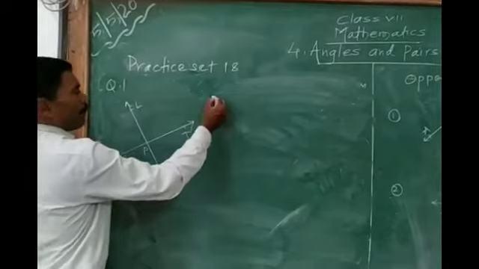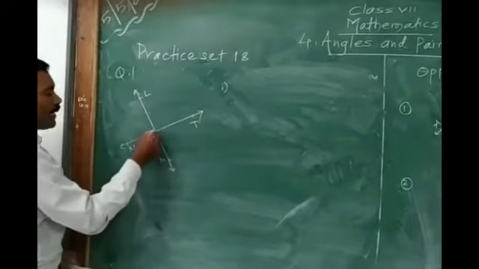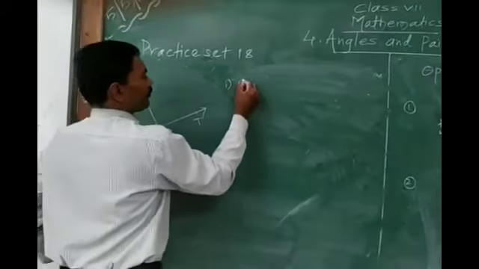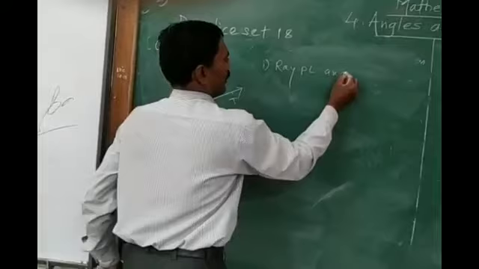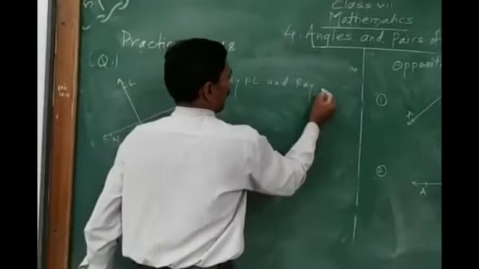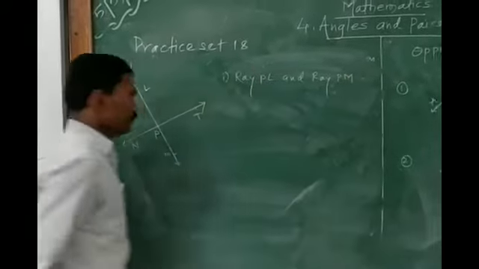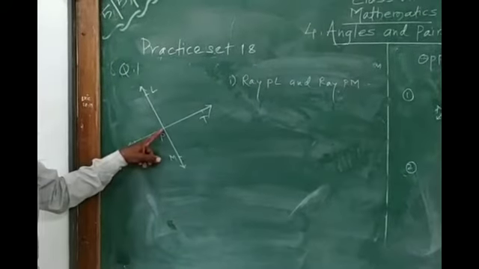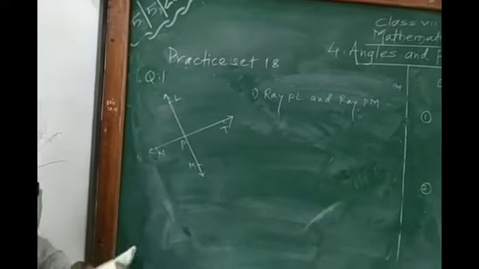Then the first pair is ray PL and ray PM. They are the opposite rays because they have got origin common and they form straight line.